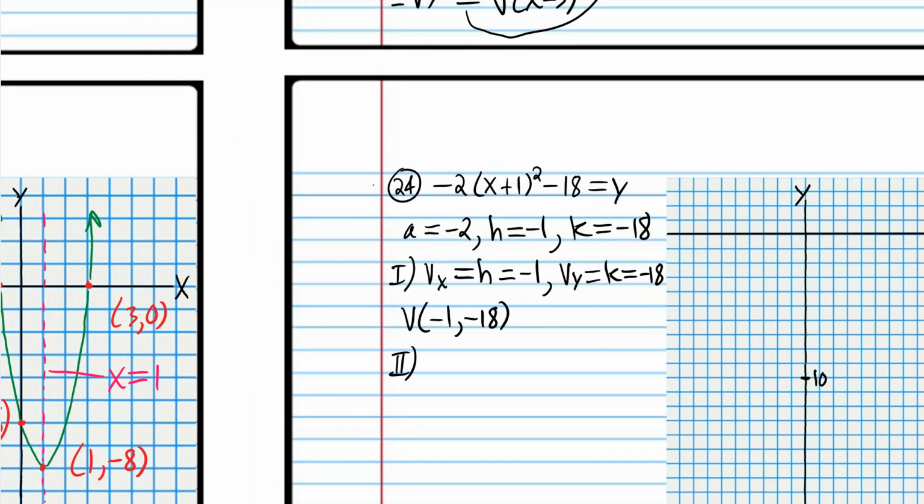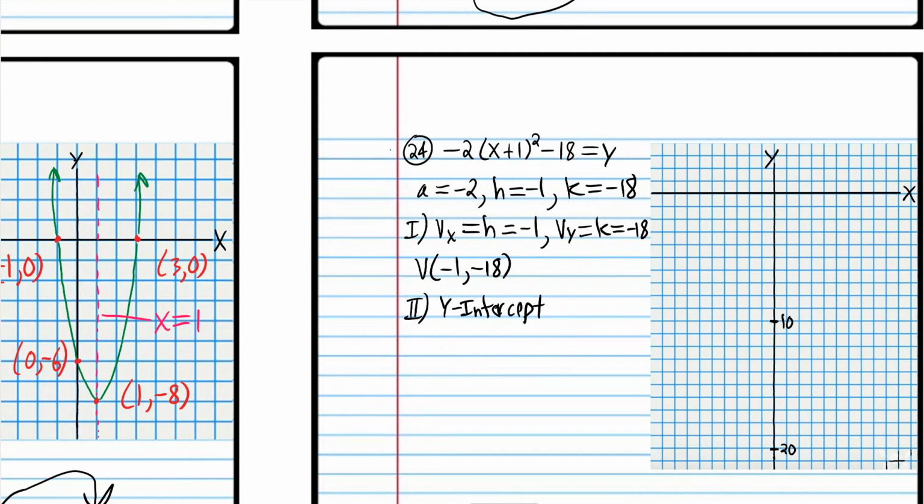Step 2 is to find the y-intercept. And to do that, we let x equal 0 as usual and plug that into the original equation. So we have -2(0 + 1)² - 18 = y.